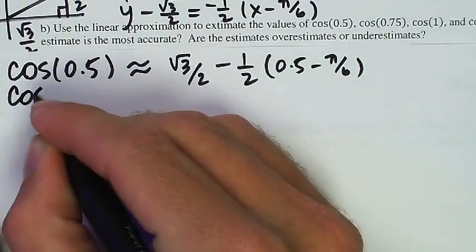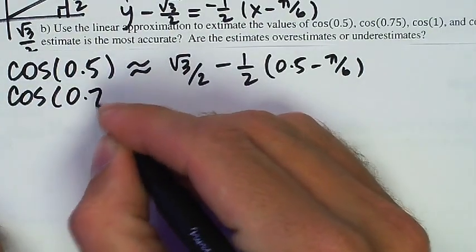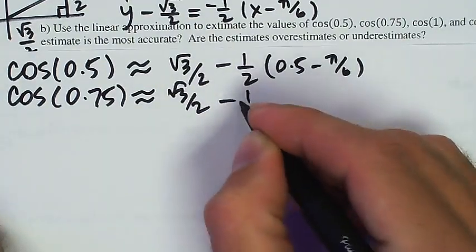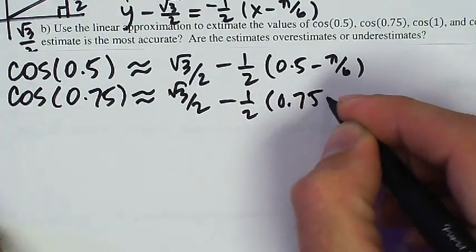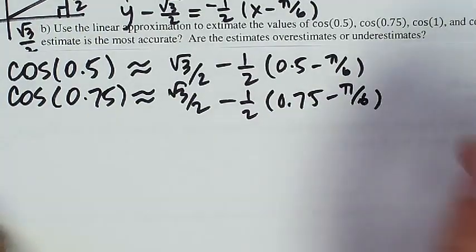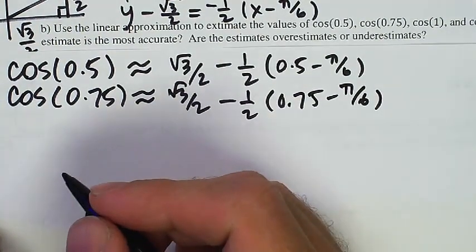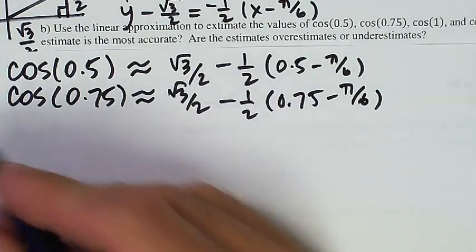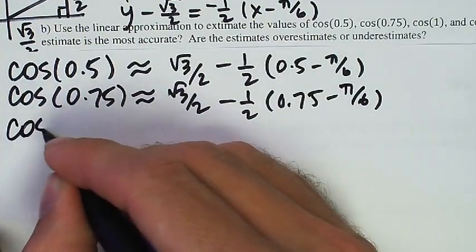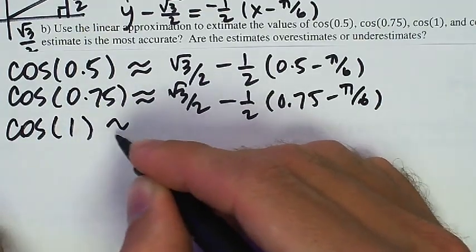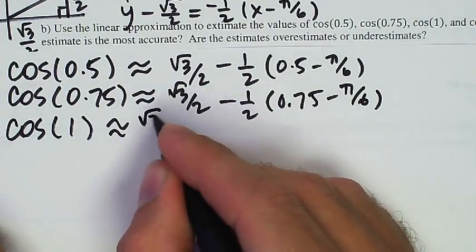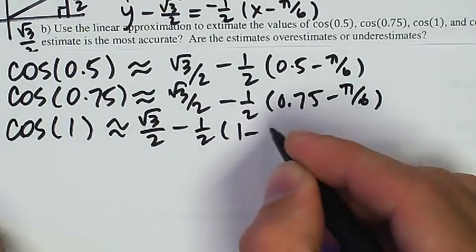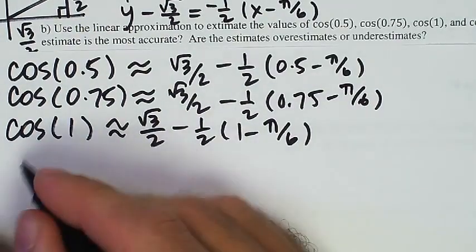So cosine of 0.75 is going to be root 3 over 2 minus 1/2 of 0.75 minus pi over 6. I know of a linear approximation of a trig function that's much nicer than this. I don't know why I didn't put that one on there. At one point I was putting that on the quiz. Cosine of 1 is approximately equal to root 3 over 2 minus 1/2 of 1 minus pi over 6.